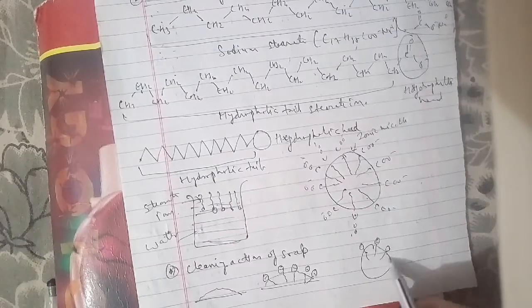The other one we have is a grease droplet surrounded by the stearate ions, which is the micelle formed here.